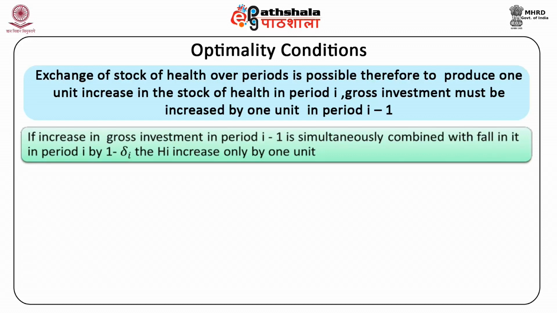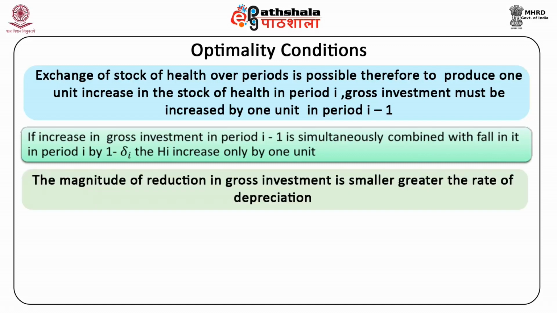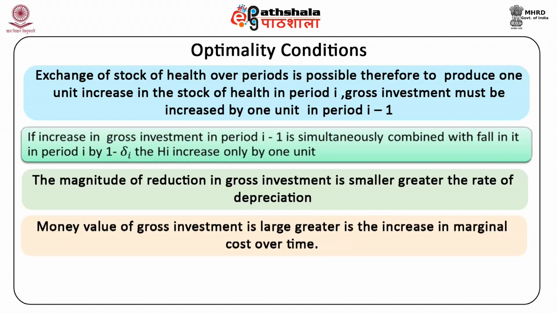If the increase in gross investment in period i minus 1 is simultaneously combined with a fall in it in period i by 1 minus delta i, the Hi increases only by 1 unit. The magnitude of reduction in gross investment is smaller, the greater the rate of depreciation. The money value of gross investment is larger, the greater is the increase in marginal cost over time.